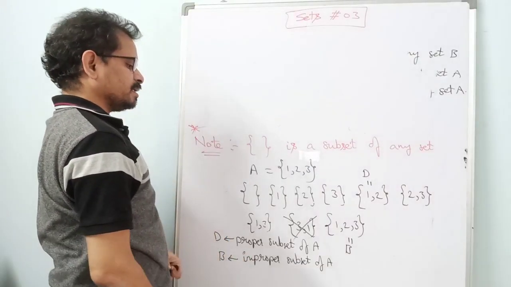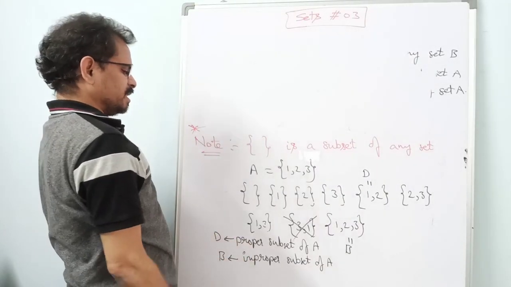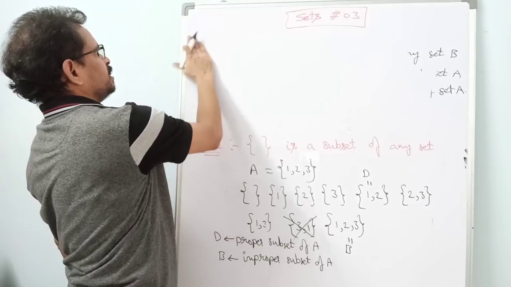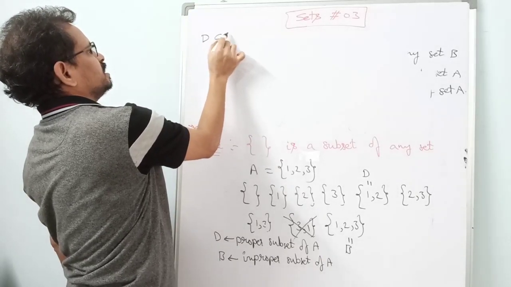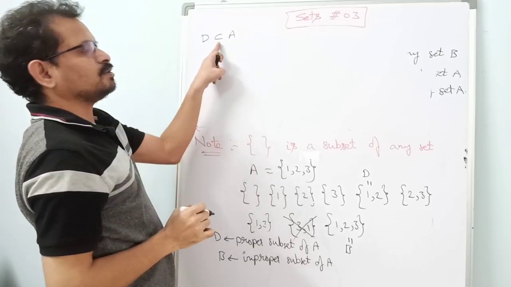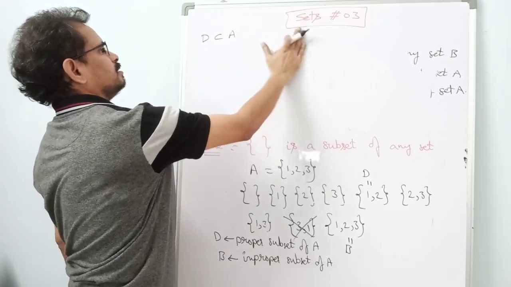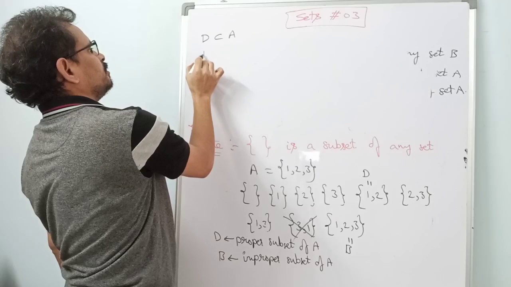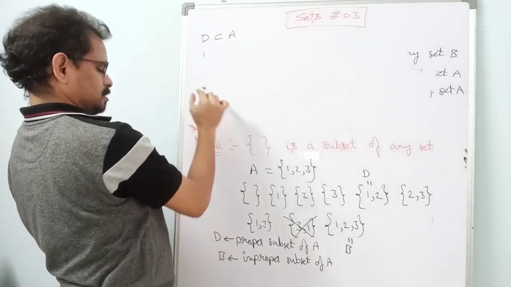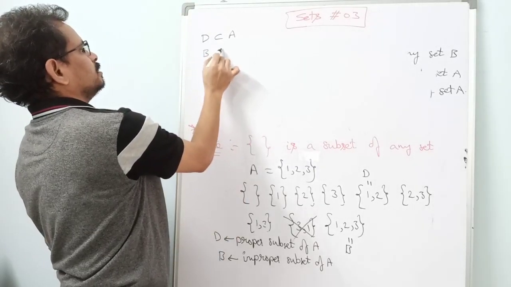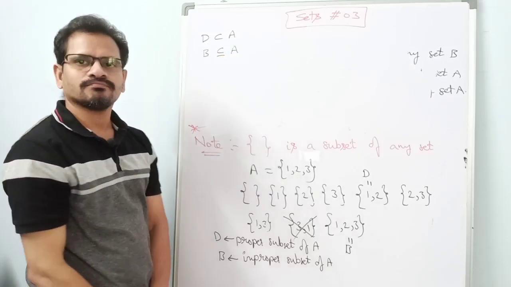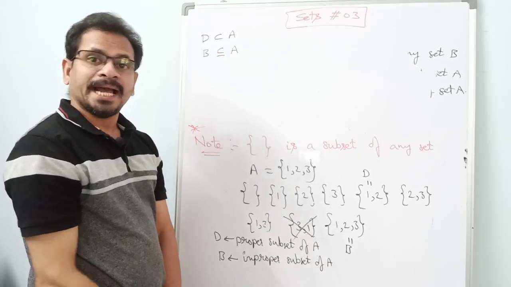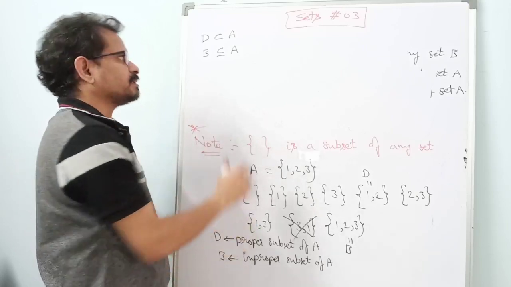Then how you can write in symbols? See, D is proper subset, no? You can write like this. D is a subset of A. For proper subset, only this one. Okay. For improper subset, you can write like this. What is this? B, no? B is a subset or equal to A. And in general we write this one only.